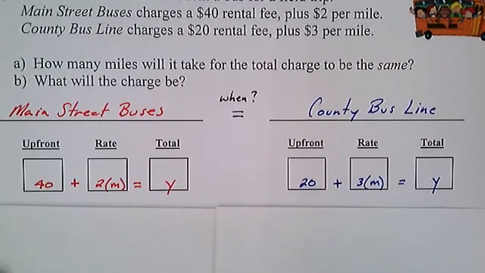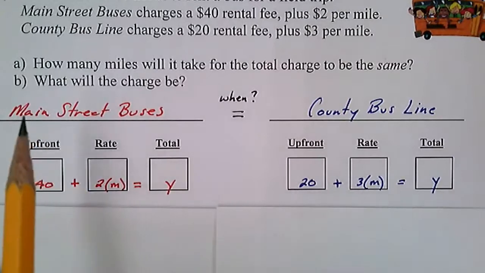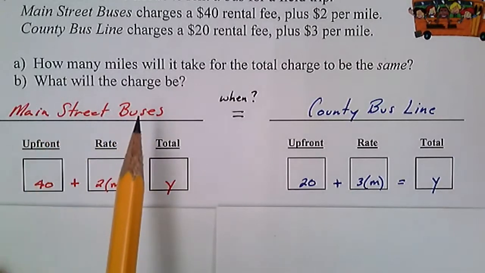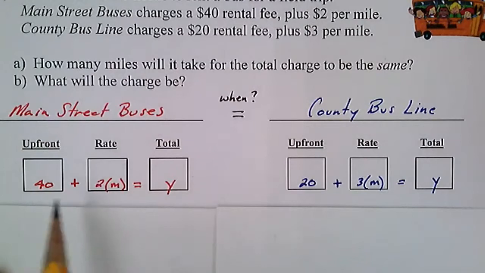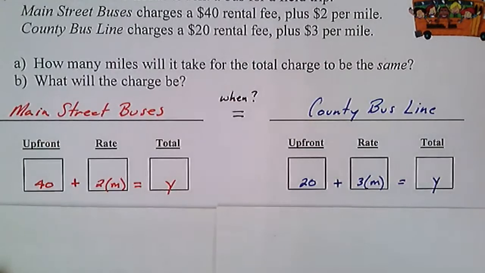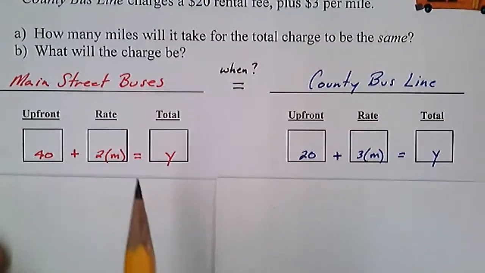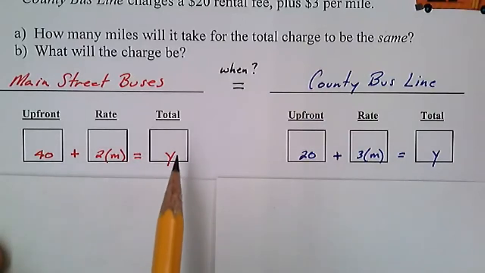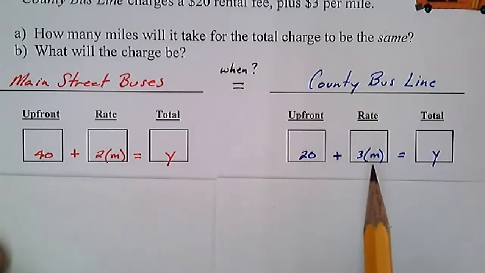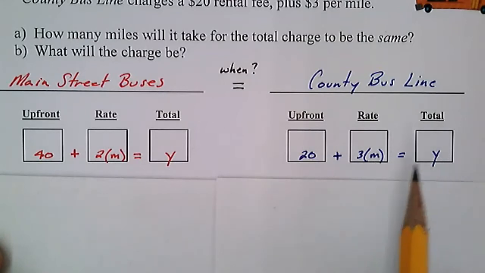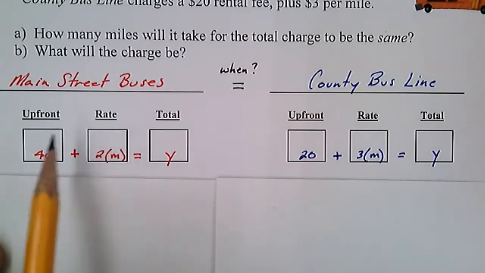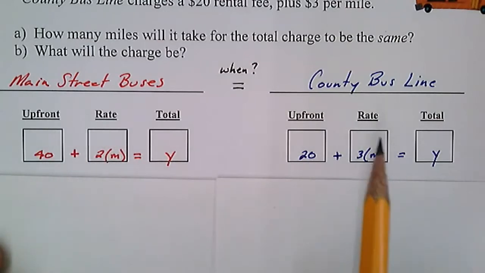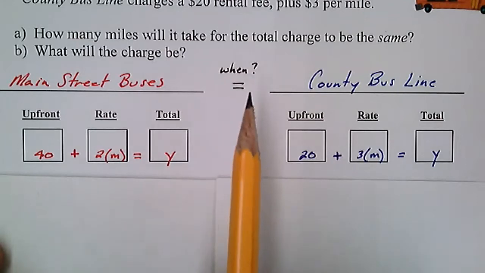But we don't really need a total for this problem, because we just want to figure out, when will Main Street buses cost, right? We don't know the total cost. We want to know, when will this cost the same as this? So watch what I'm going to do here. This says this is equal to Y, and this over here says this is equal to Y. Well, if this equals Y and this equals Y, then I want to find out, when are they going to be equal?